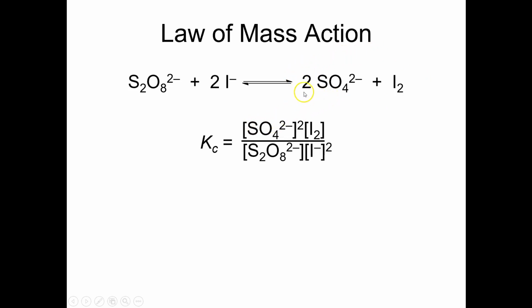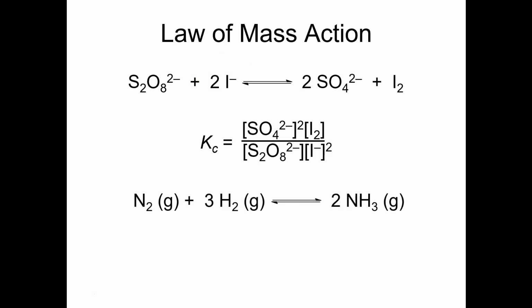So that's going to be sulfate to the second power, because that coefficient is a 2. It's going to be times iodine to the first power, divided by persulfate to the first power, because that's got a coefficient of 1, times the concentration of iodide squared, because that's got a coefficient of 2.